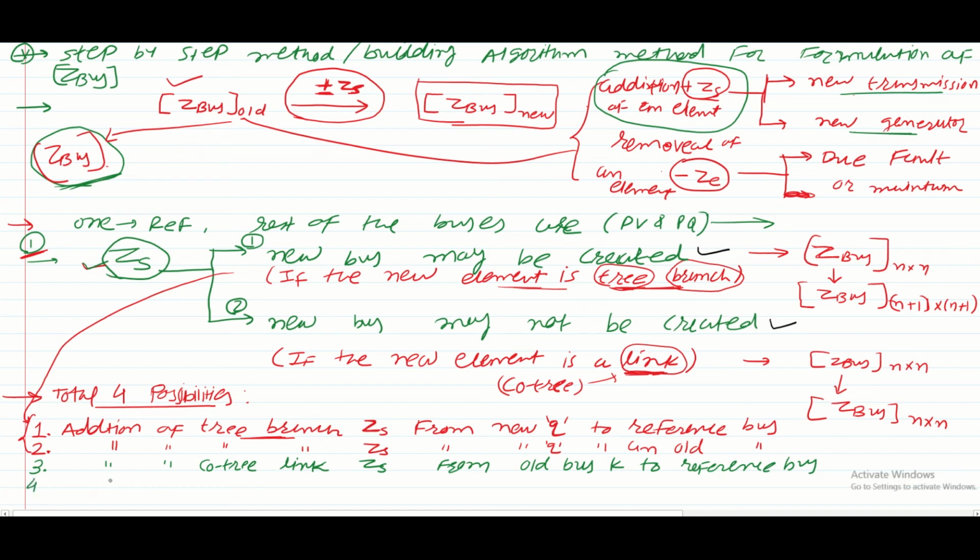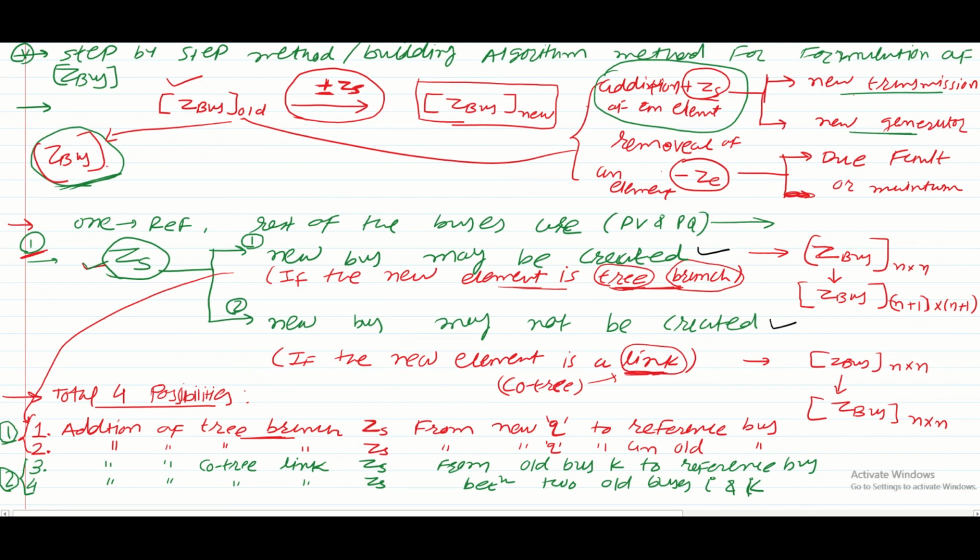And the fourth one is addition of co-tree link ZS between two old buses I and K. Here, numbers 3 and 4 are a subpart of the second, and the first and second are from the first.